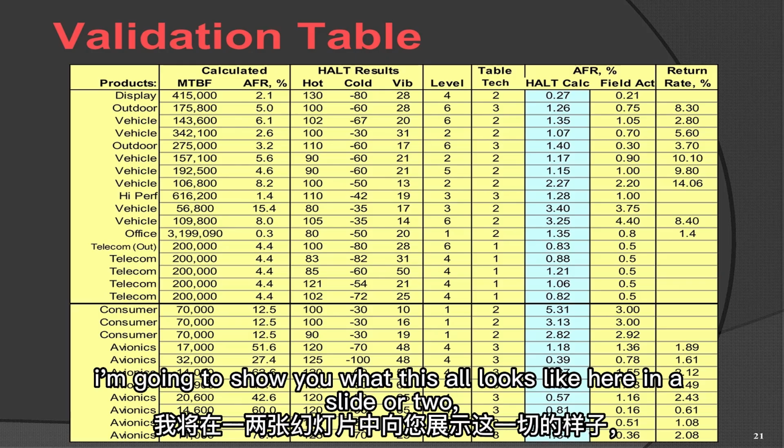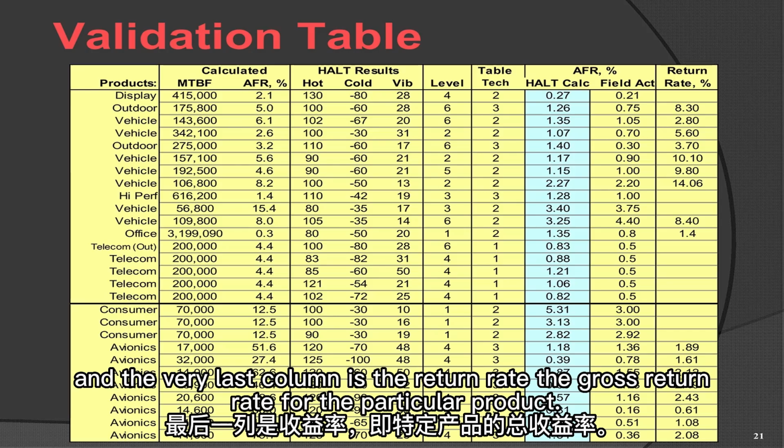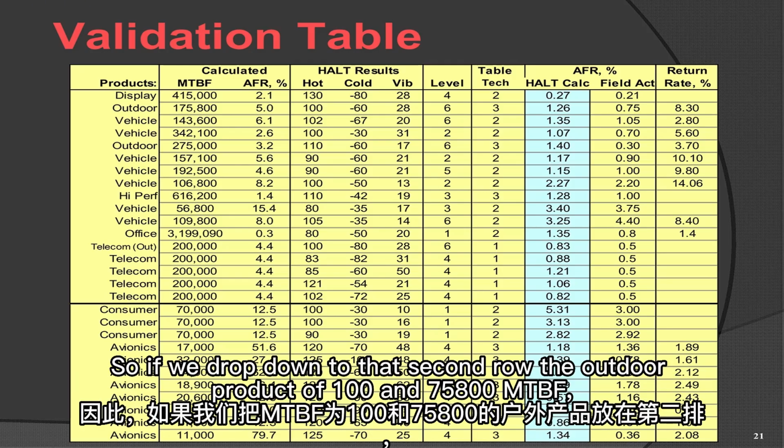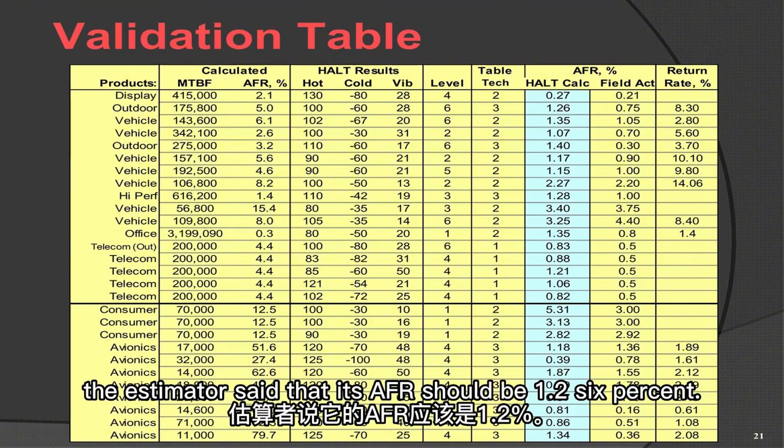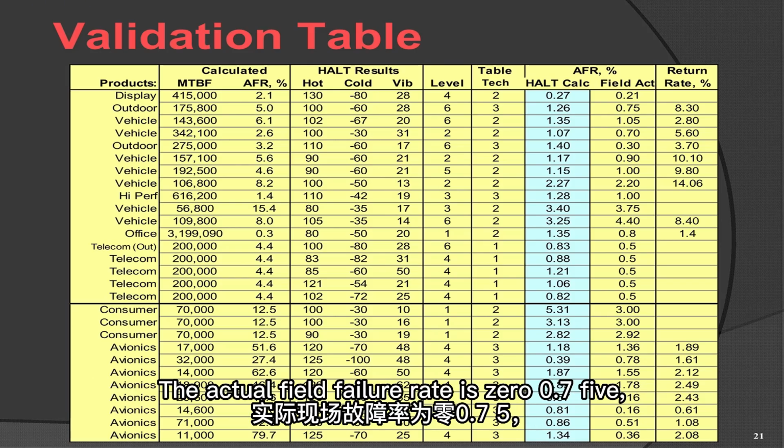Graphically, I'm going to show you what this all looks like in a slide or two. And the very last column is the gross return rate for the particular product. So if we drop down to that second row, the outdoor product of 175,800 MTBF, the estimator said that its AFR should be 1.26%.